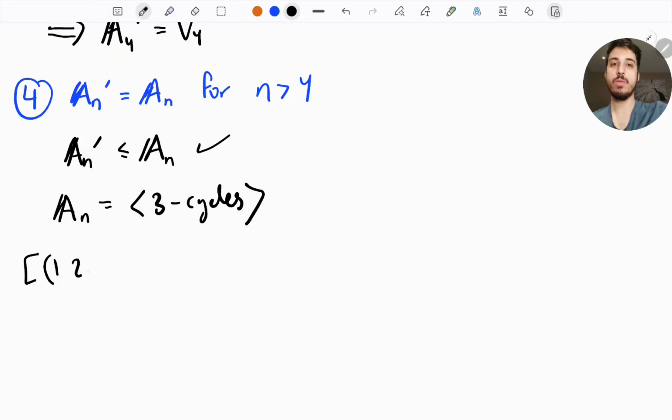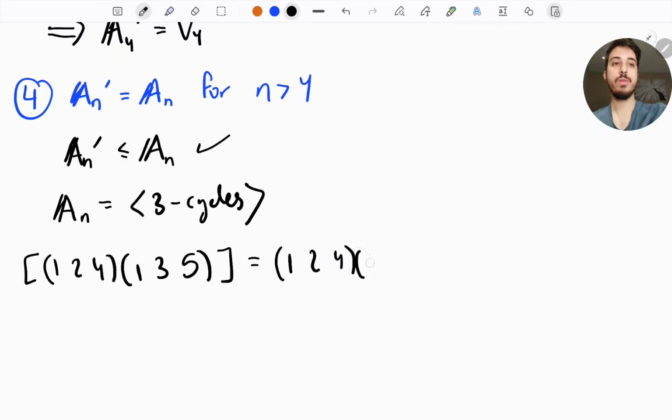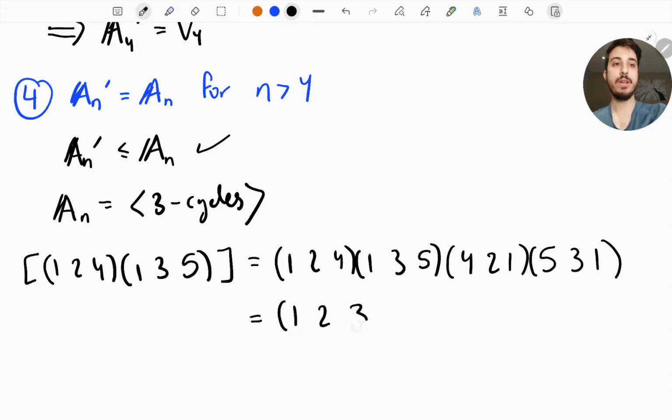The commutator of (1, 2, 4) and (1, 3, 5). Note that we can have 5 elements here because n is bigger than 4 strictly. This is equal to (1, 2, 4)(1, 3, 5), the inverse of (1, 2, 4), the inverse of (1, 3, 5). And this, after some calculation, yields us (1, 2, 3).